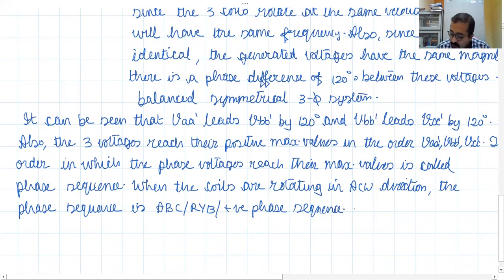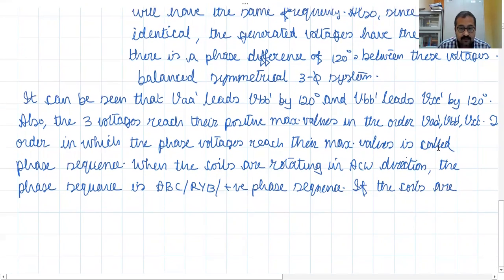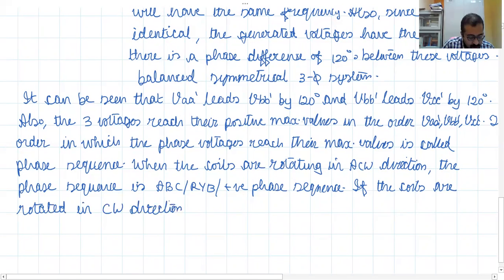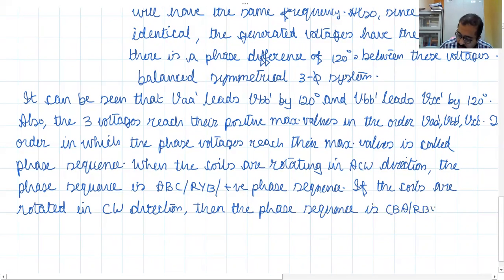If the coils are rotated in the clockwise direction, then the phase sequence is CBA or RBY, or negative phase sequence.